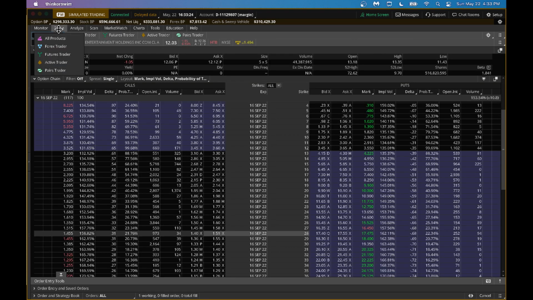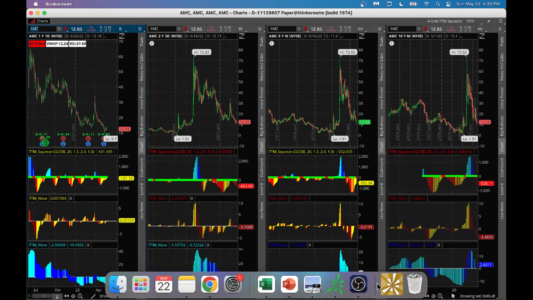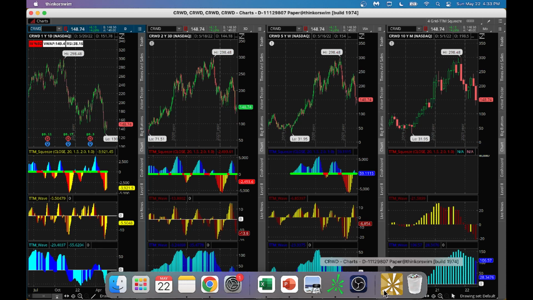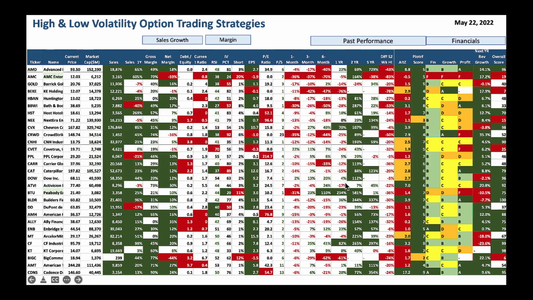I would go here to the trade tab and bring up CrowdStrike, CRWD. All right, CrowdStrike, as you look through here, let's see here. Let's go back right here.